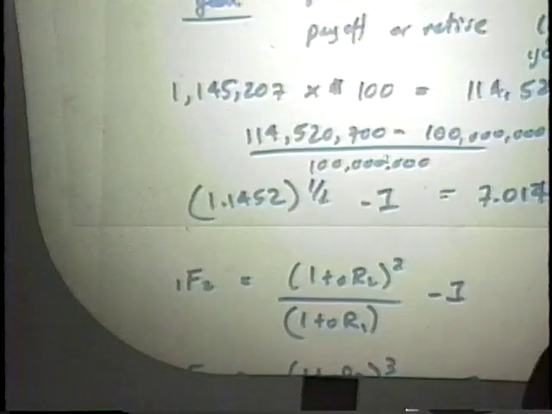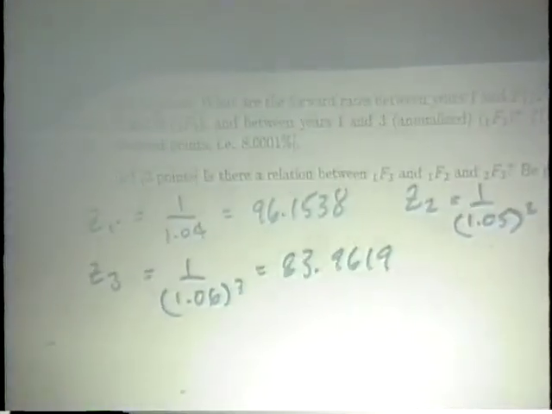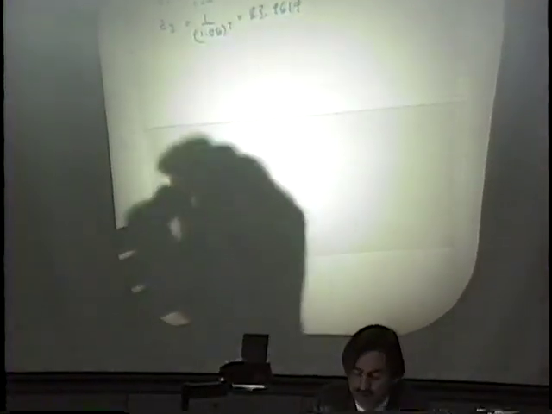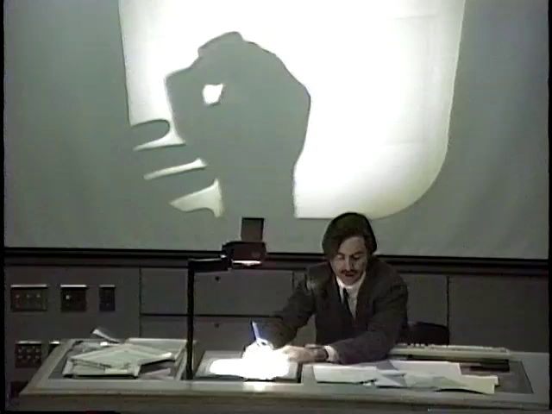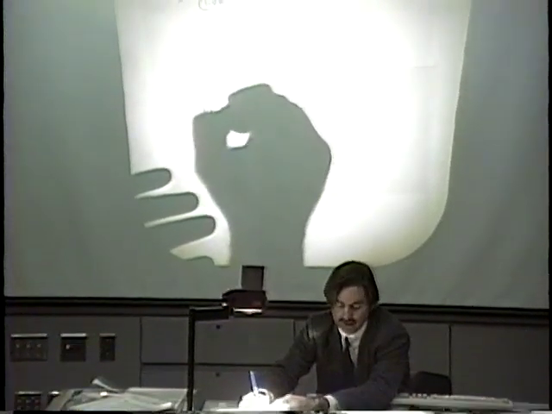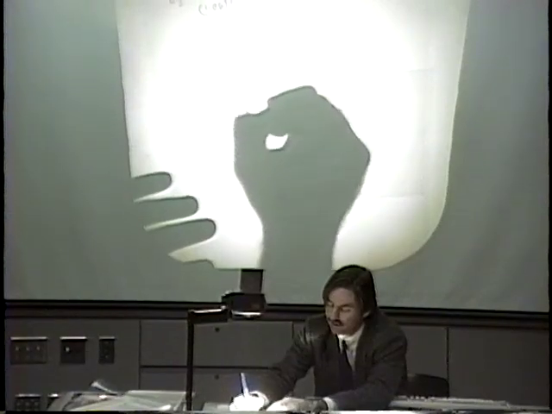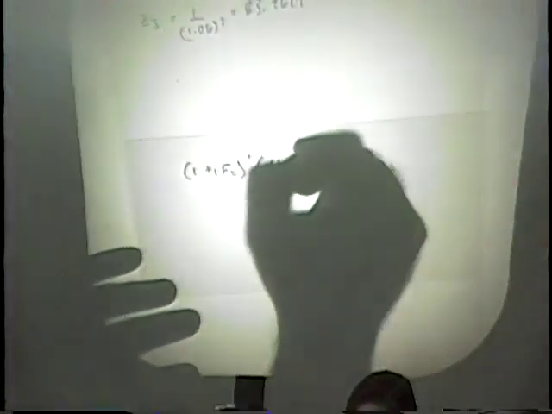It turns out there are many different ways that we could establish this, but we could also write (1 plus 1F2) times (1 plus 2F3) equals (1 plus 1F3) squared. And my bulletin board posting on that Eurodollar question kind of suggests the solution for this.